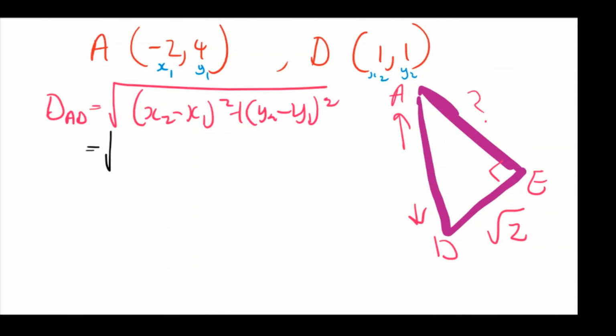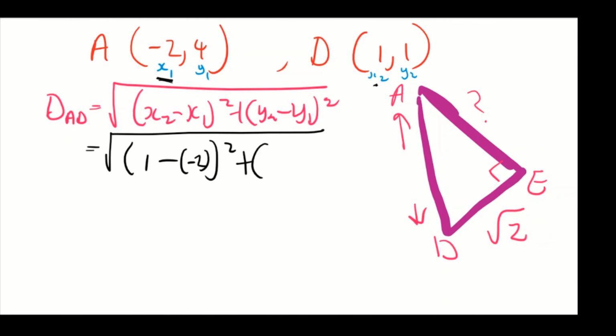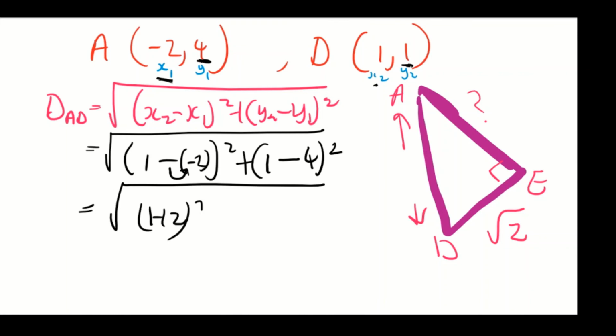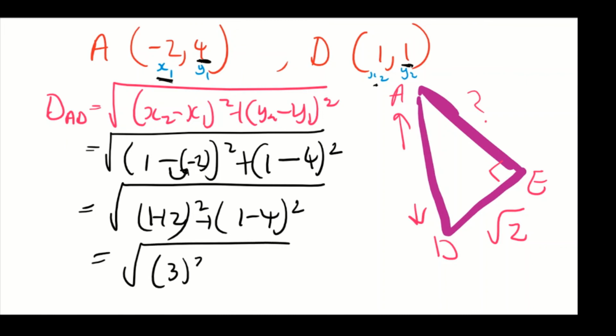So it's going to be equals to the root of x2 being equals to this one here. So it's 1 minus x1, it's this negative 2 here, so it's going to be negative 2 like that, all squared, plus your y2 is this one here, which is 1 minus this 4 here, so it's 1 minus 4, squared. So it's equals to the root of, minus 2 times minus 2 is positive, so it's (1 plus 2) all squared, plus (1 minus 4) squared, like that, equals to the root of 3 squared plus minus 3 squared, right?